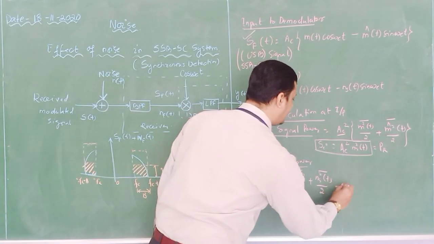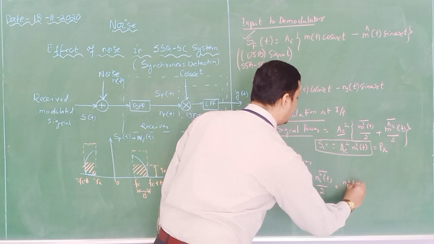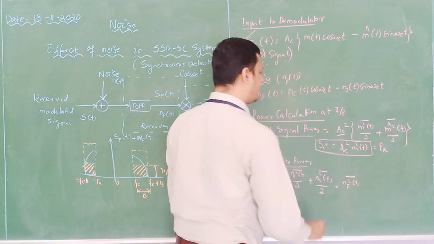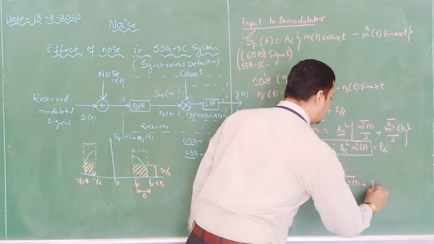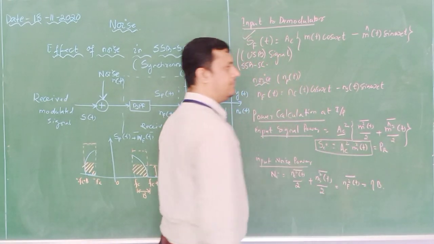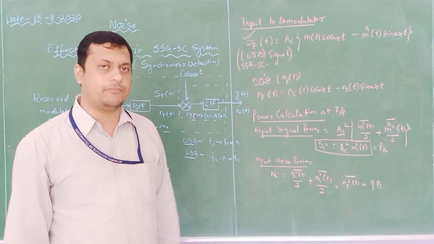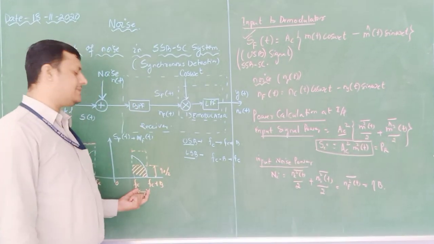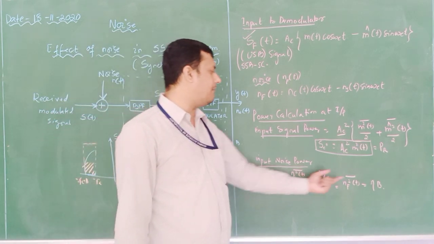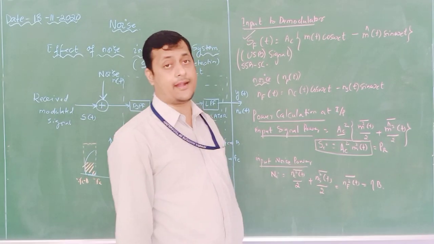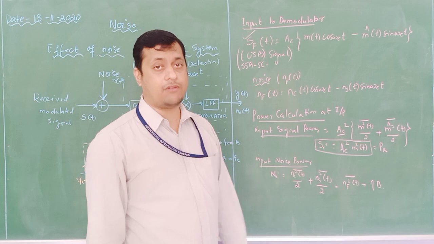If you add this, you will get NF square of t, which is the magnitude of this, and whose total power is eta into B. Now why is it eta into B? Since the band is B, for the SSB-SC signal, your total noise power will be eta into B. But in DSB-SC what happens?